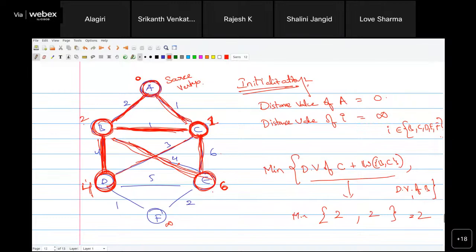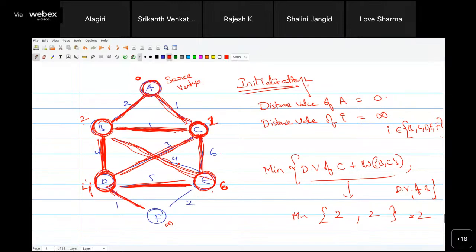So I will move to D. Again, this edge has already been considered, so you don't need to worry about it. You have to worry about the other edges. If you see this edge, the distance value of E will be the minimum of 4 plus 5 comma 6. The minimum will be 6 as it is, so we don't worry about this 9. It will not update; it will remain 6 as it is.